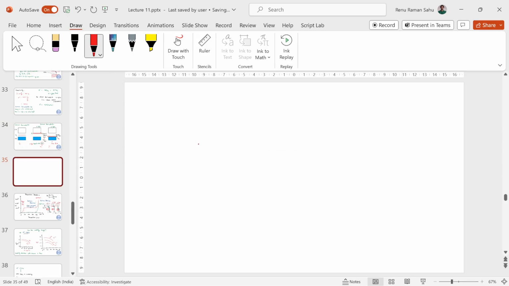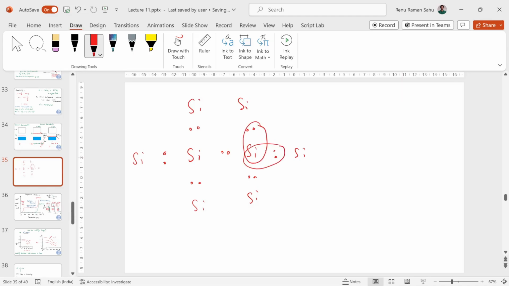What we have is silicon bonding to silicon. Each silicon shares 2 electrons in each bond. So this is how it is bonding, and these are covalent bonds. I hope you are getting what is going on here.